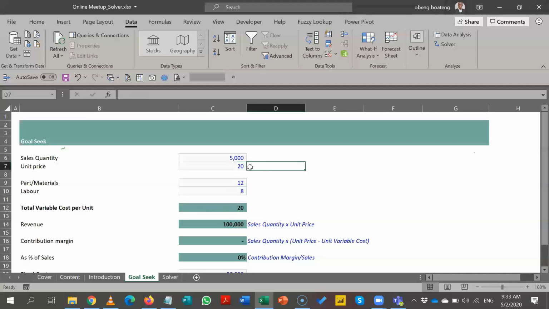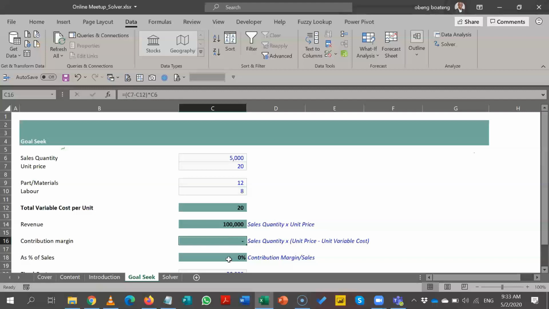And if you are running a business like this, no matter how much you pray, you won't make headway because you are selling it at 20 and it's costing you 20 to produce. So your contribution margin is 0. And most businesses don't check this. At least you should have some contribution in order to turn a gross profit and eventually a net profit.